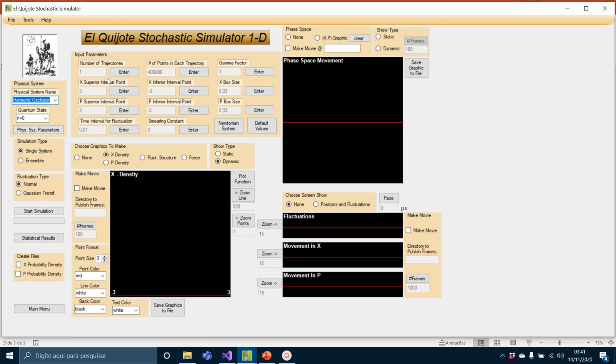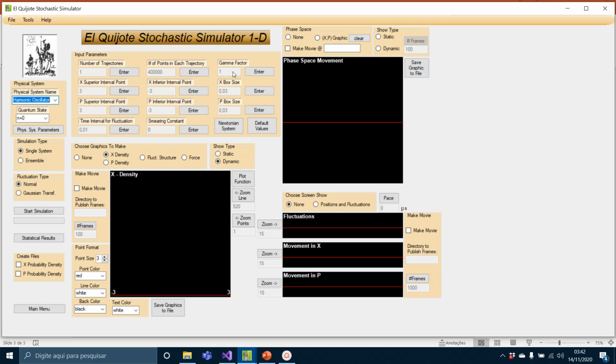Here we are using the single system approach, because we are making the simulations for just one trajectory. And we will observe this particle for 400,000 points in the trajectory. This, of course, represents a time window.